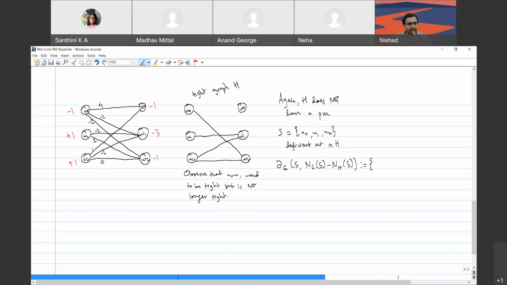The ones that go to W0, the two edges that are going to W0, right?